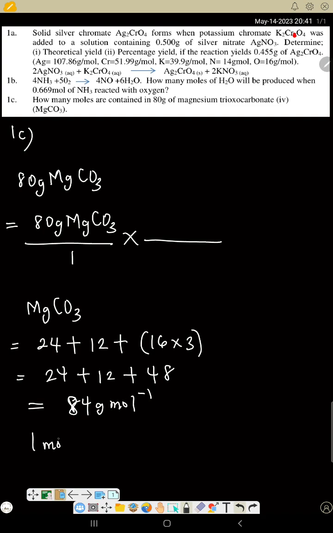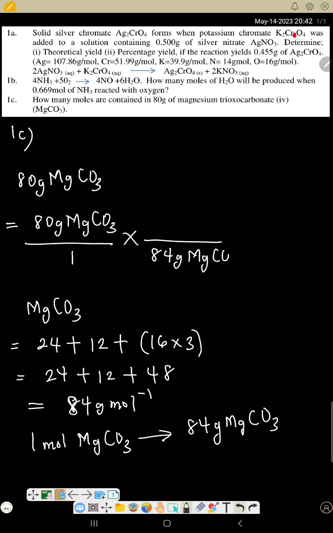So 1 mole of magnesium carbonate is 84 gram of magnesium carbonate. So I'll place 84 gram of MgCO3 under, so that gram of magnesium carbonate will cancel gram of magnesium carbonate.